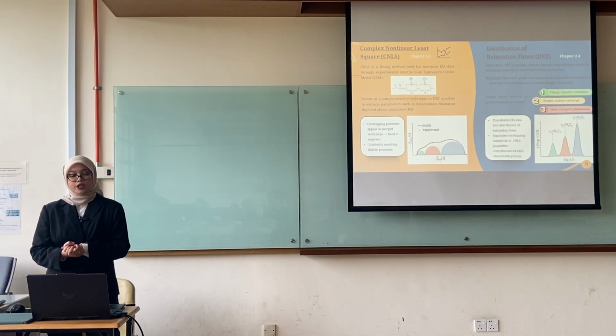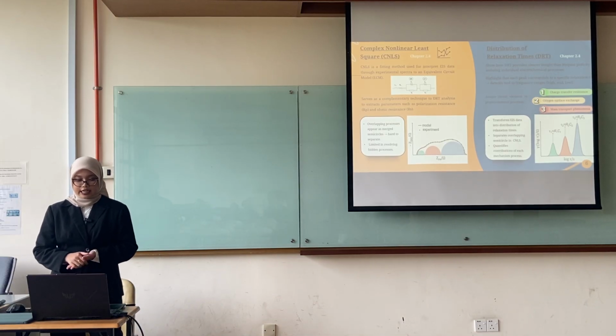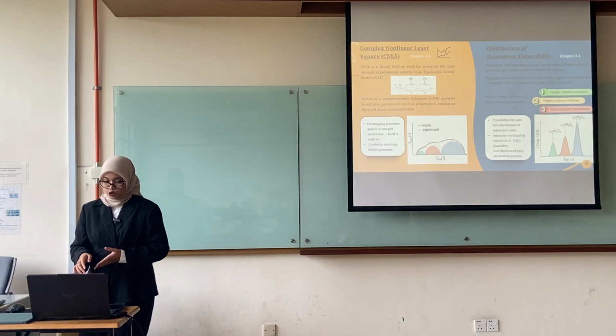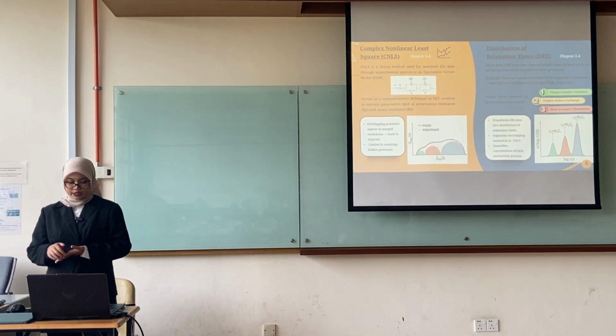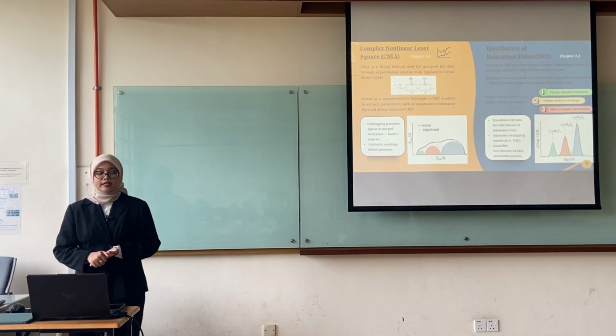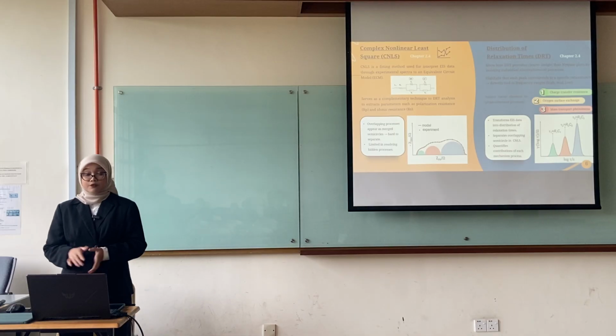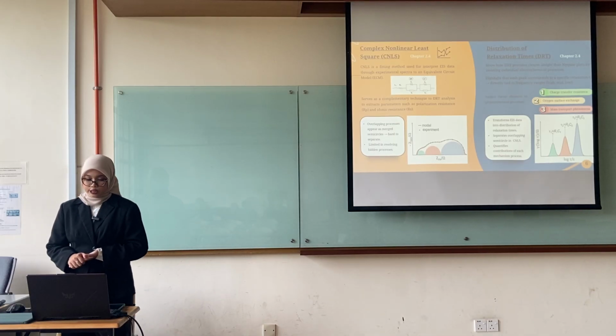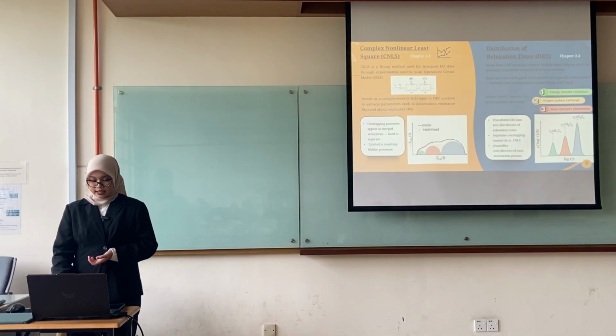In conclusion, DRT transforms EIS data into a distribution of relaxation time. It separates overlapping semicircles of the Nyquist plot and also quantifies the contribution of each mechanism process.